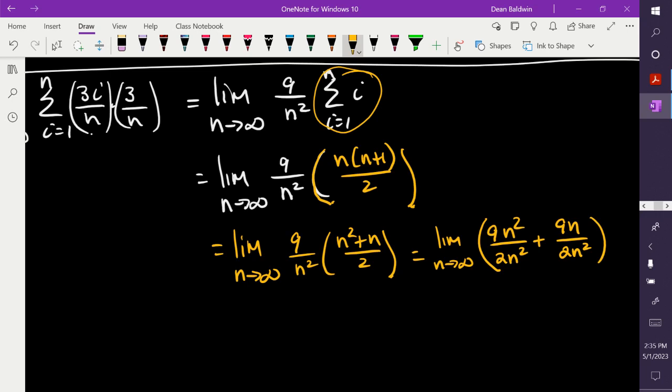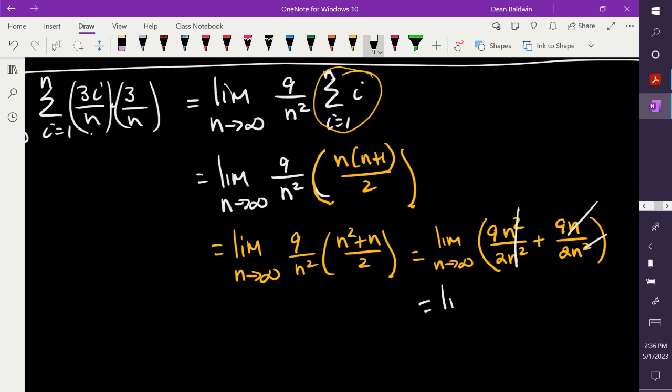I'm going to simplify it in a sec. When you get good at this, you can skip steps; I'm showing why you can do it. Now we can simplify. What happens to the n squareds in the first one? They go away. What about this one? The 1 goes away.